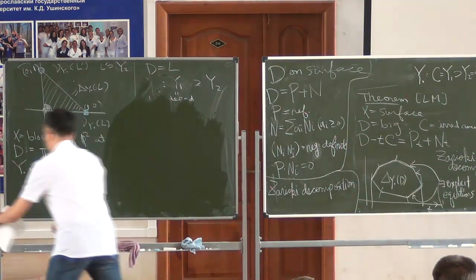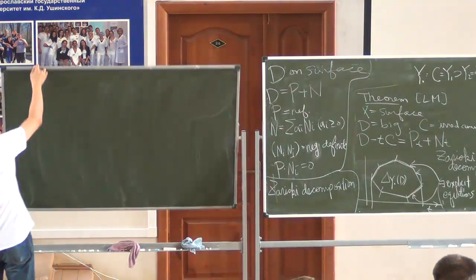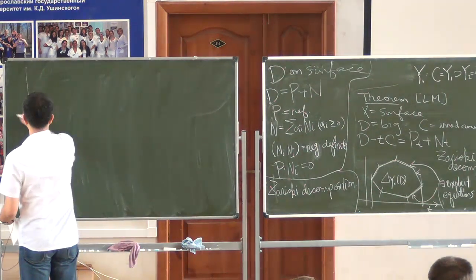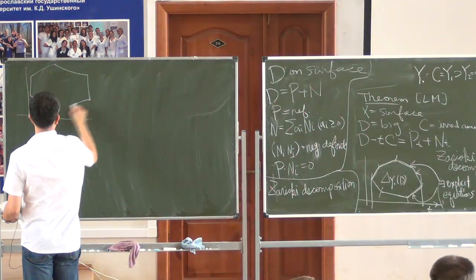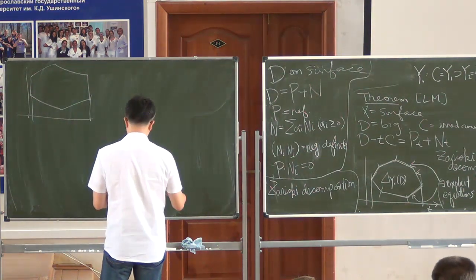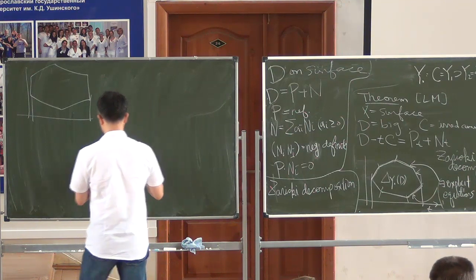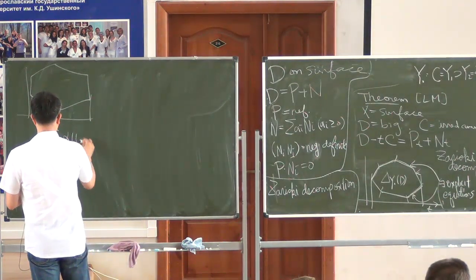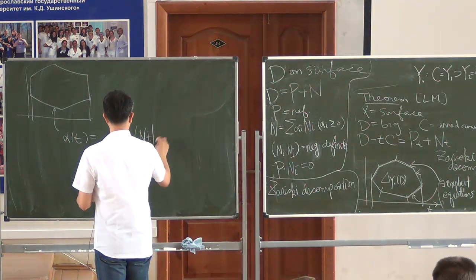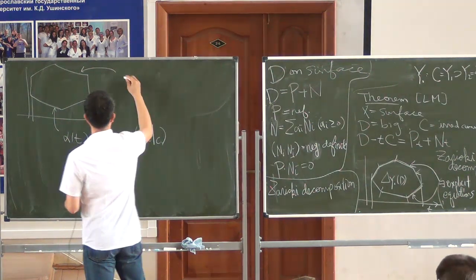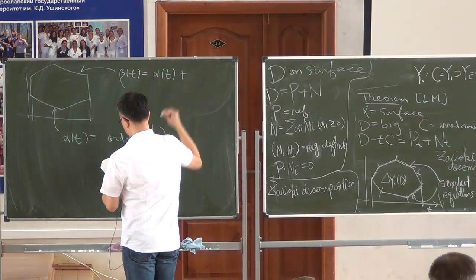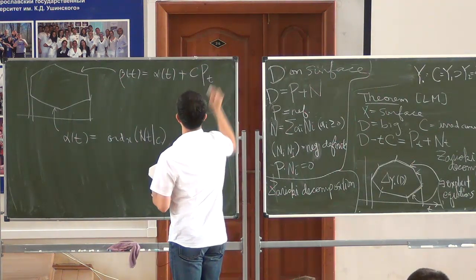So the equation is like this. So you have the explicit equation: alpha t of x and t c, this is beta t, alpha t plus c pt.